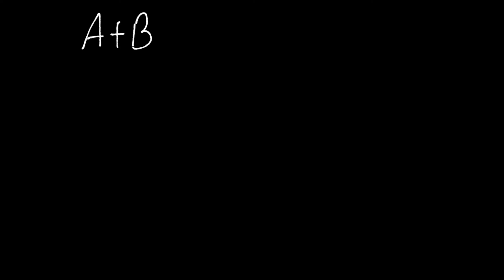Thankfully, the problems we're going to be working on will have to tell us, hey, a equals 5, b equals 7. And then we can solve this, because a variable can stand for any value until we know exactly what it is.